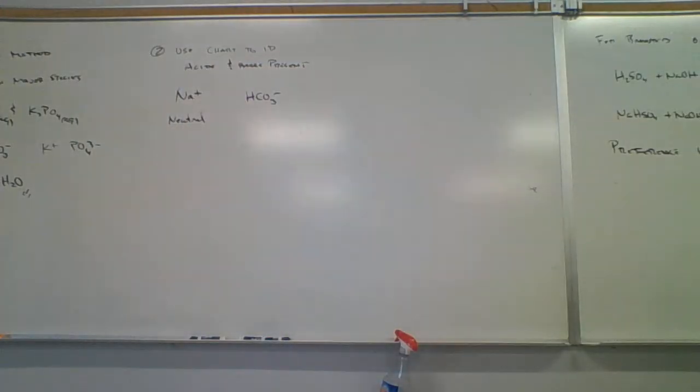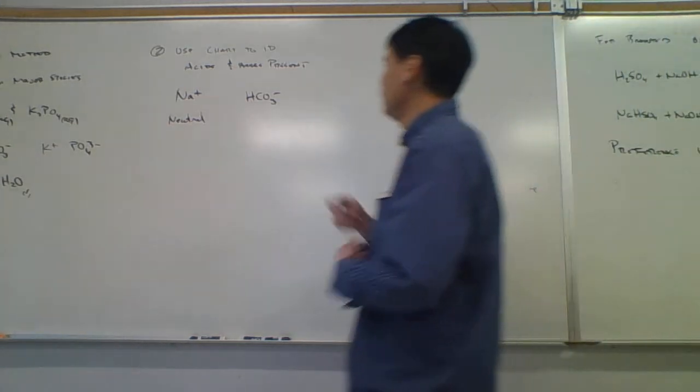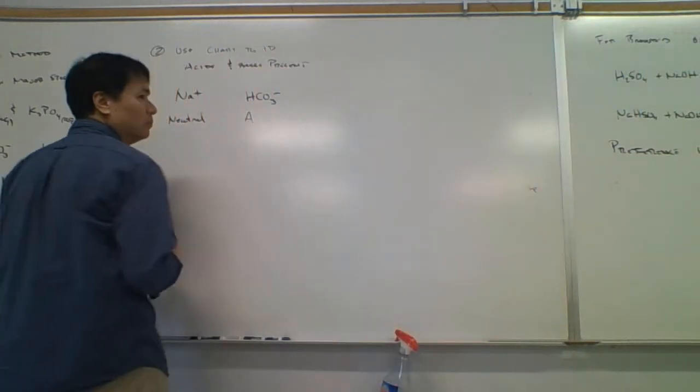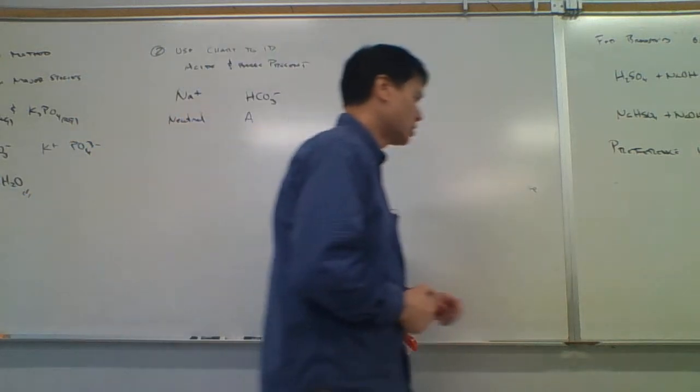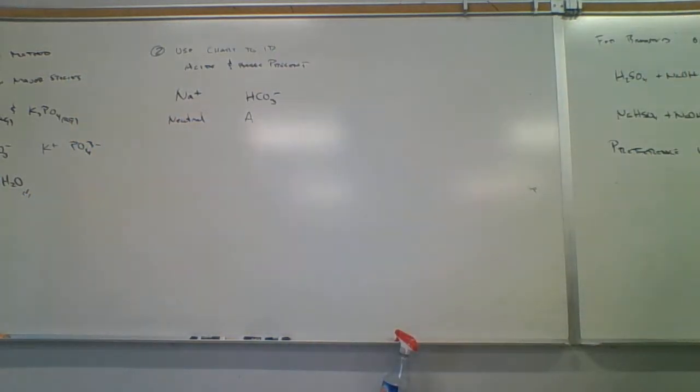What is it, an acid or base? On the left side of the chart are the acids, the right side are the bases. So there it is. It's an acid. I'll label it A for acid. But if you read through this chart every once in a while, you'll note that bicarbonate is also a base.